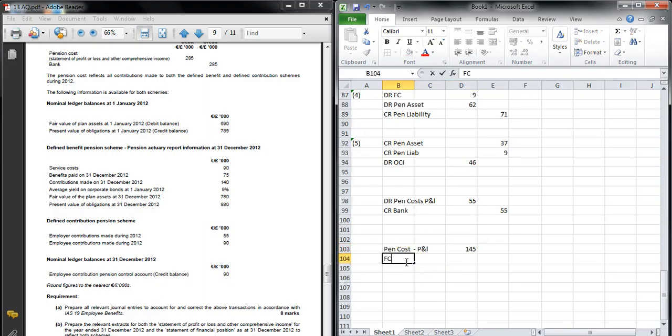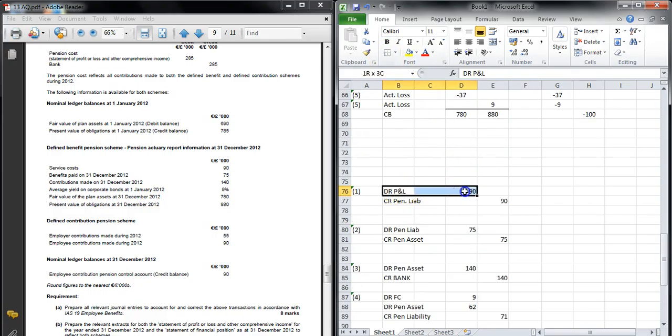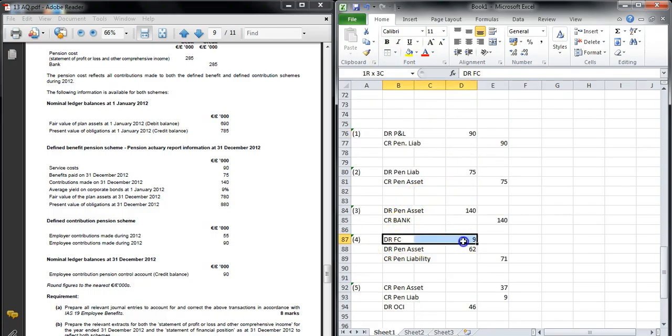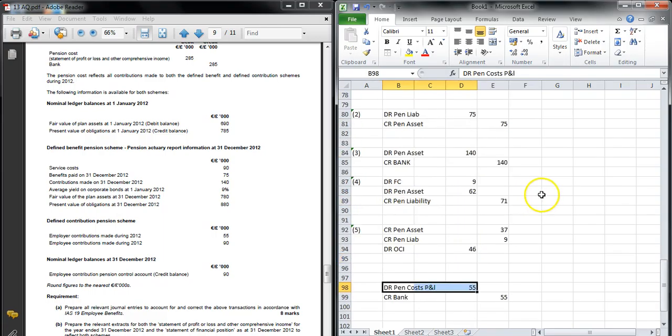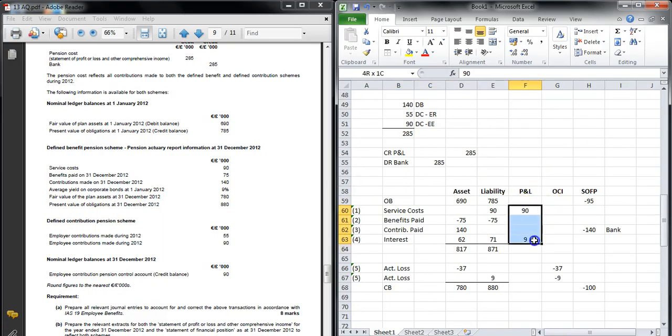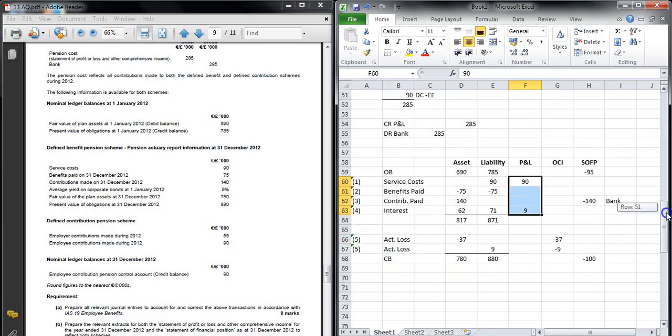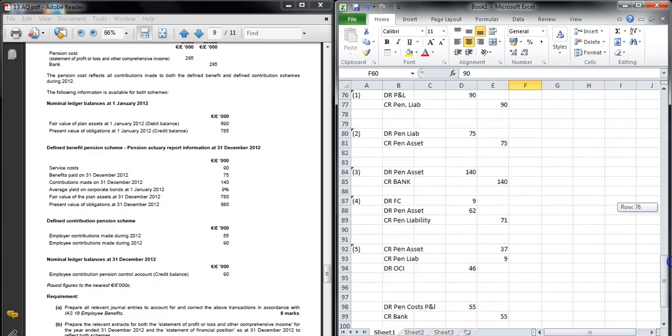And then you will also have finance costs, or you may put it in this line item as well, depending on how you present it, of 9. So the total there would have been 154 relevant to the pension costs, i.e. here, here, and here. And you can see how we track that, the 99 there, and also the 55 from the defined contribution scheme.